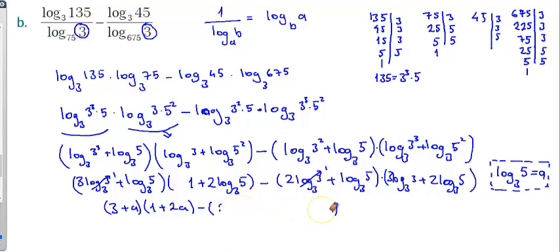We can write directly: 2 plus a times 3 plus 2a.